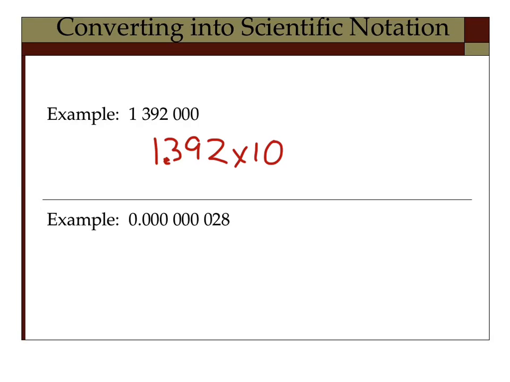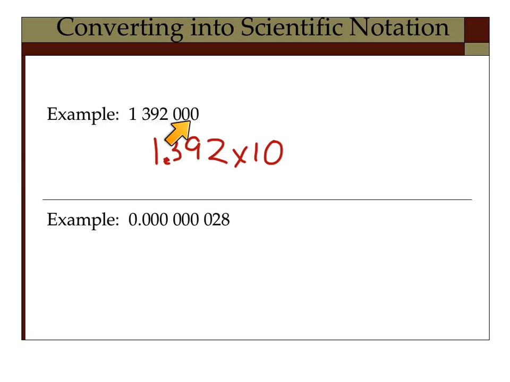Since this is a large number, it's going to be a positive power. Big numbers are positive powers. And the number that it goes to the power of is how many places I have to move the decimal. Normally the decimal's here at the end, and now I'm putting it here.